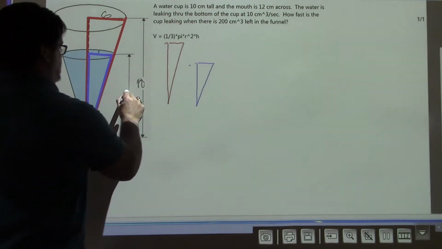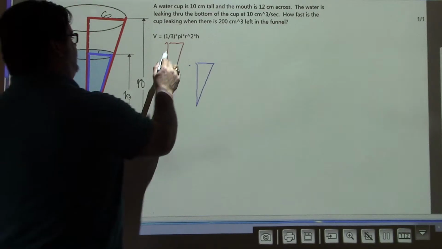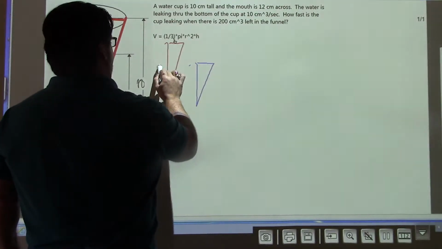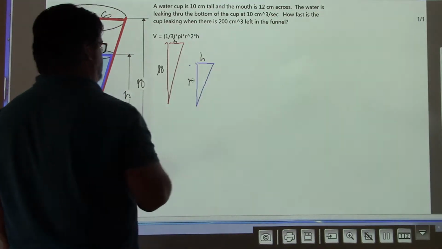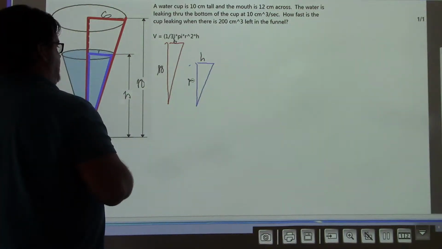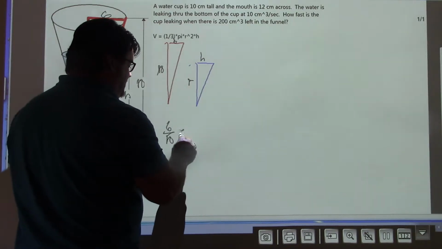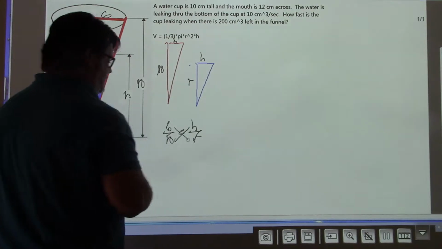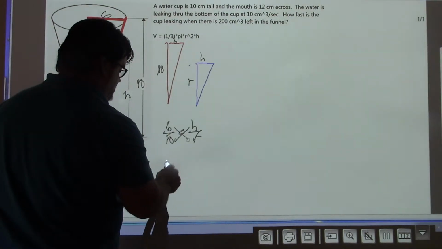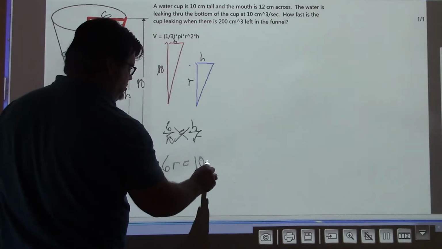And this is H, and that's R. So 6 is to 10 as H is to R. Cross multiply, we get 6R equals 10H.